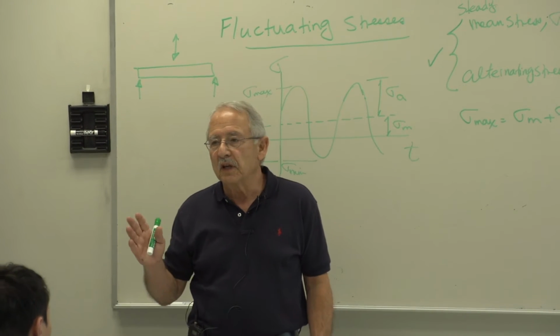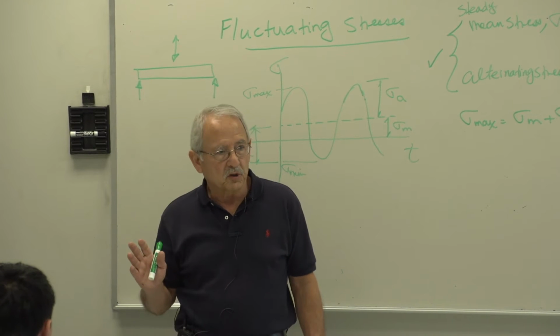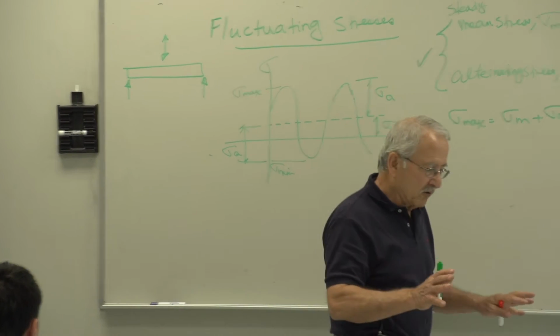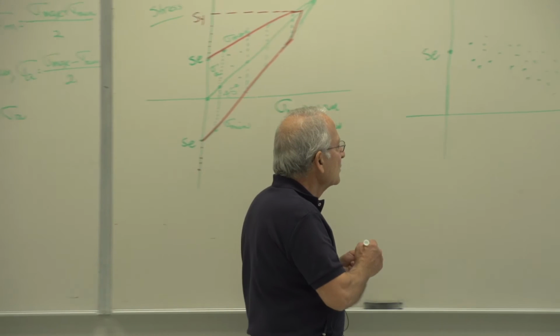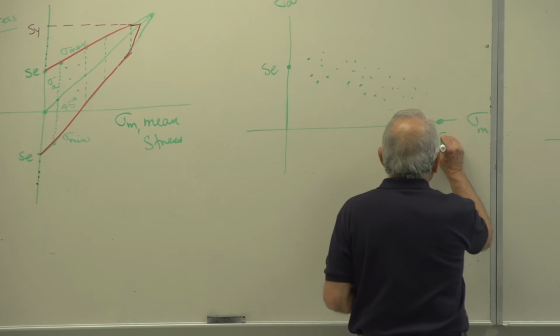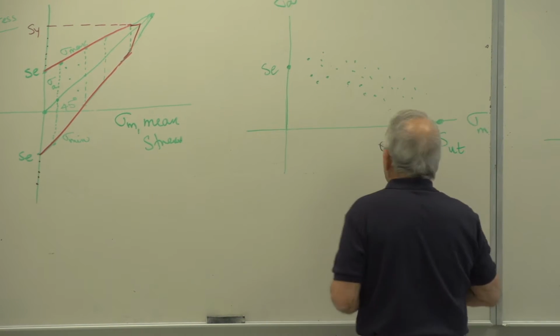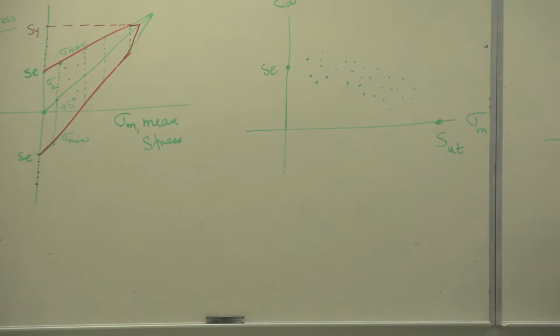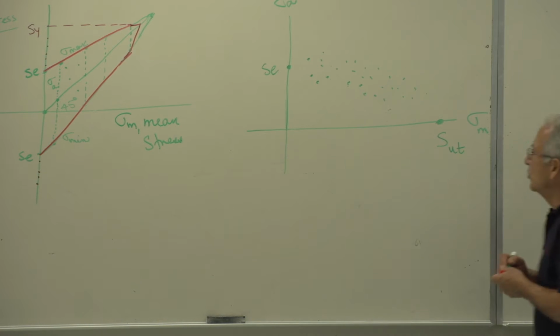But this doesn't mean that this only is applicable to brittle materials. We will check for yielding as well. So initially, we will, however, use SUT. And we will draw this line.